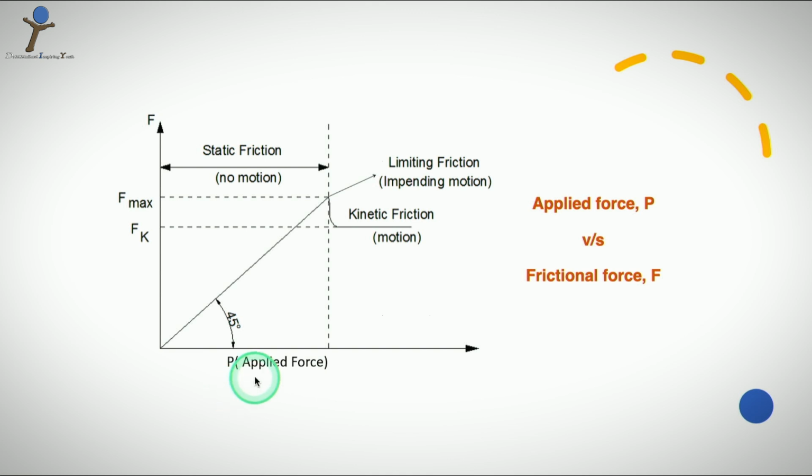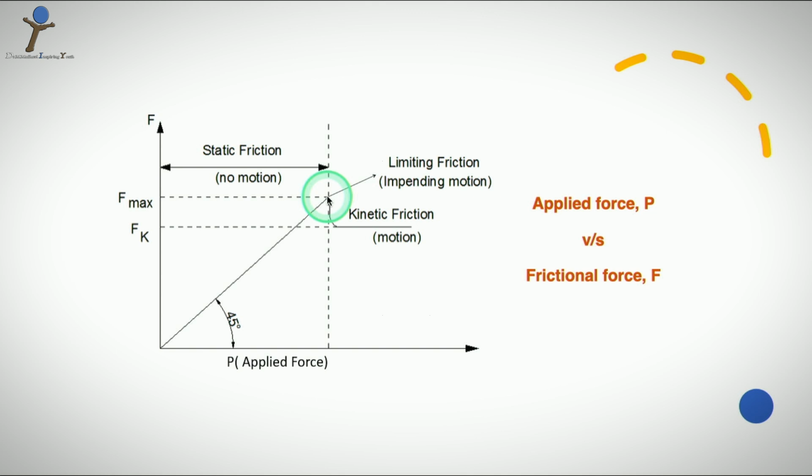The applied force and the frictional force are proportional to each other up to a certain limit. Once the force crosses this limiting point, then the body just starts its motion.